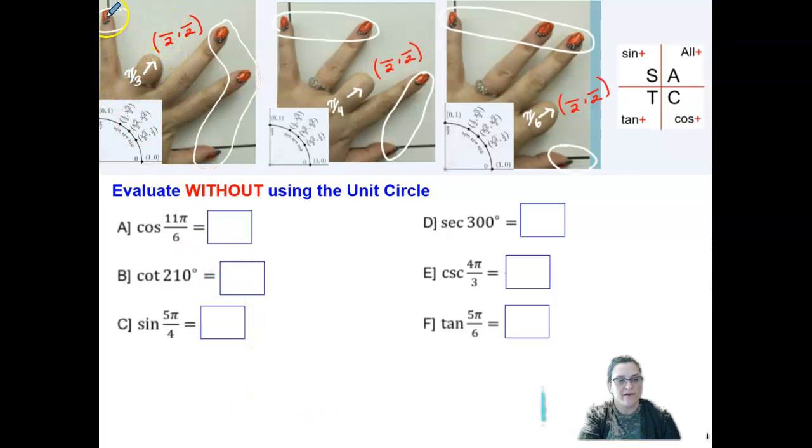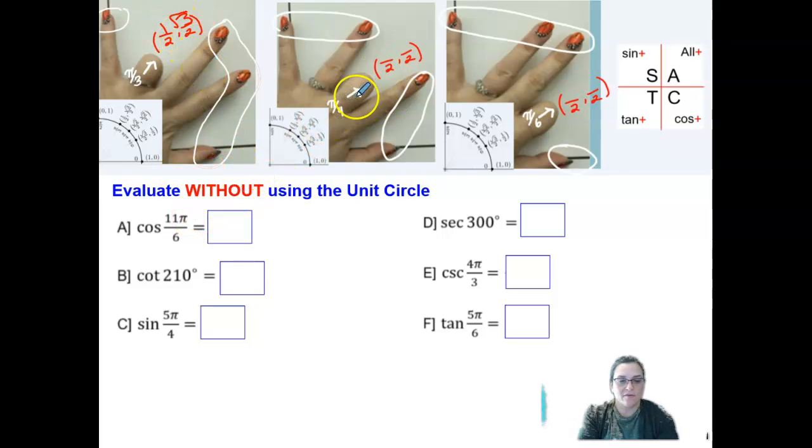So I have one finger, that's 1 over 2, and then 3 fingers below is the sine, so that's the numerator, and there's 3 of them, so that'll be square root of 3 over 2. So the cosine of pi over 3, that's 1 over 2. Then sine of pi over 3, there's 1, 2, 3 fingers, that's square root of 3 over 2.